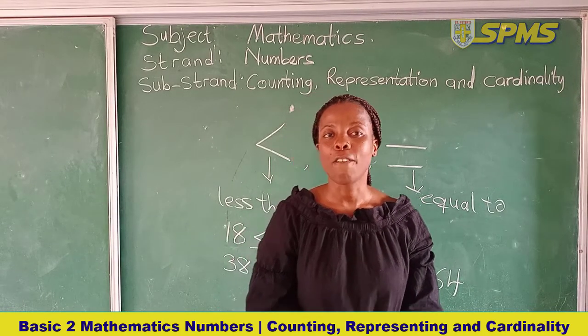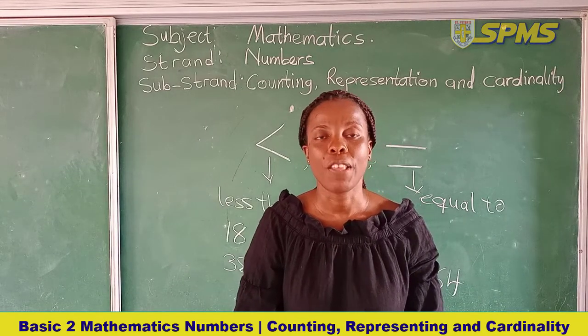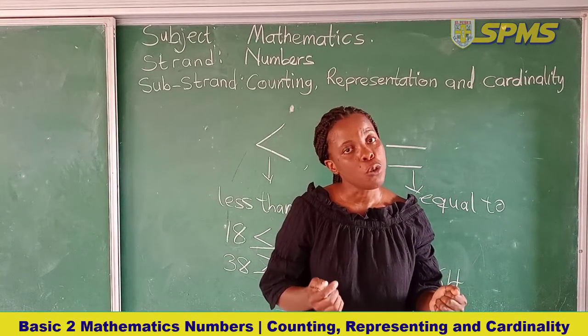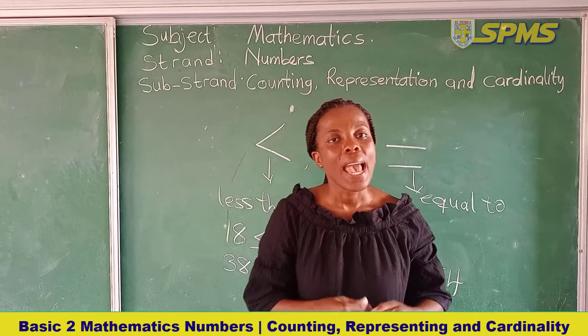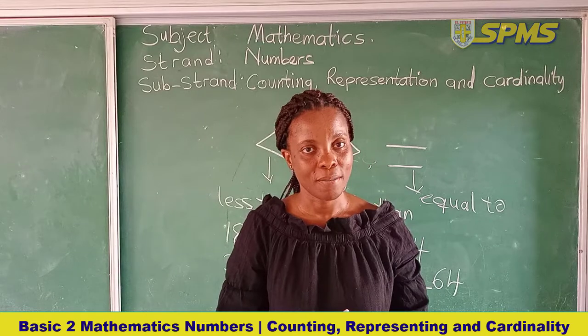And I said the first number determines the symbol you will use. So if the first number is bigger or greater, you use the greater than sign. But if the first number is smaller or lesser, you use the less than sign.